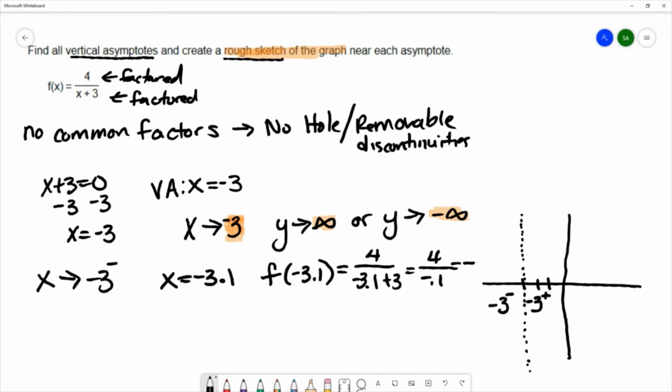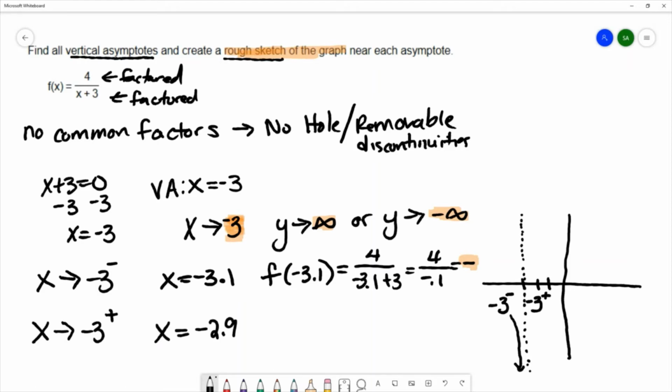So that tells me that the graph will look something like this. And notice I'm on the left side of -3, the lower side of -3, and I'm drawing my y to go to negative infinity because this came out to be negative. And then as x approaches -3 from above -3, I would choose a number like -2.9.